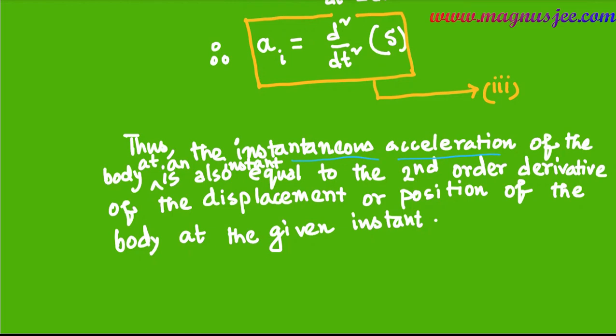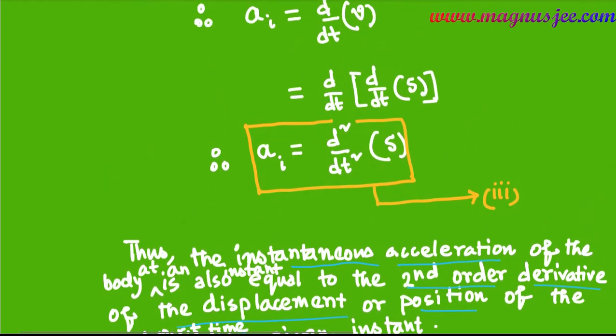The instantaneous acceleration of a body at an instant is equal to the second order derivative of the displacement or position of the body with respect to time at that given instant.